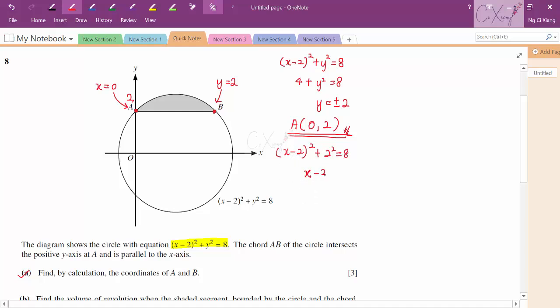My (x minus 2) squared equals 4. If I continue further, then I will have x minus 2 equals plus or minus 2, and the x value should be 0 and also 4. Again, according to this diagram, you can see that the x coordinate for B is not 0. Therefore, we can conclude that the coordinates for B are (4, 2).